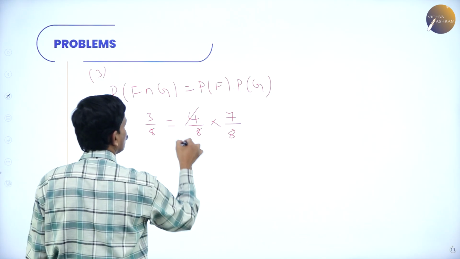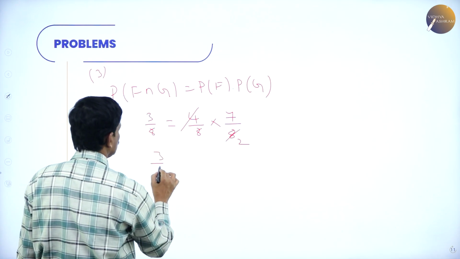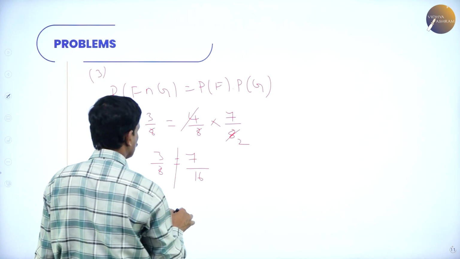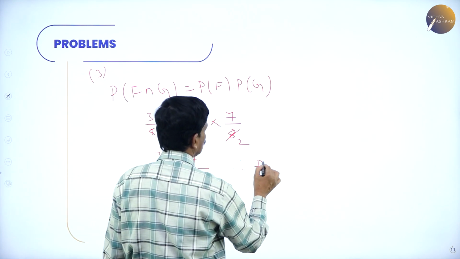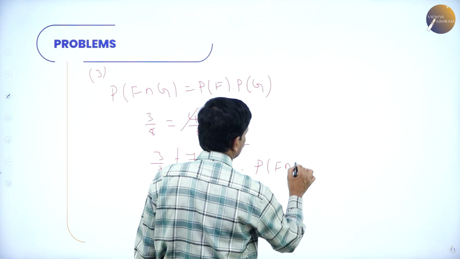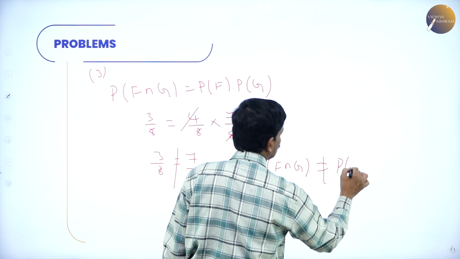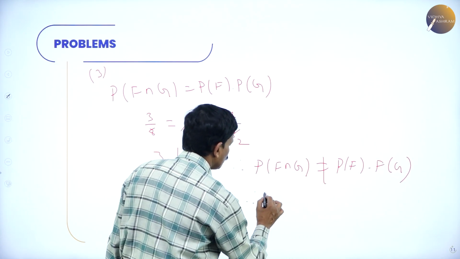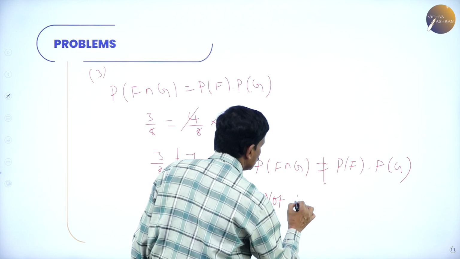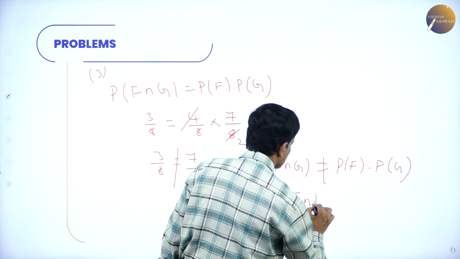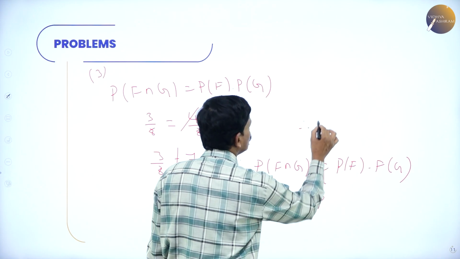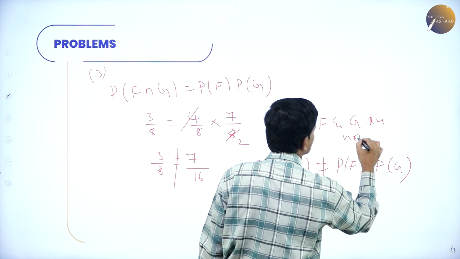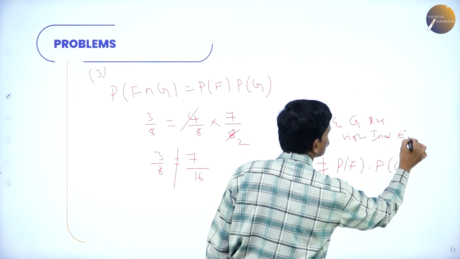So 4 2s get cancelled. 3 by 8 is not equal to 7 by 16. Therefore, probability of F intersection G is not equal to probability of F into probability of G. Therefore, F and G are not independent events.